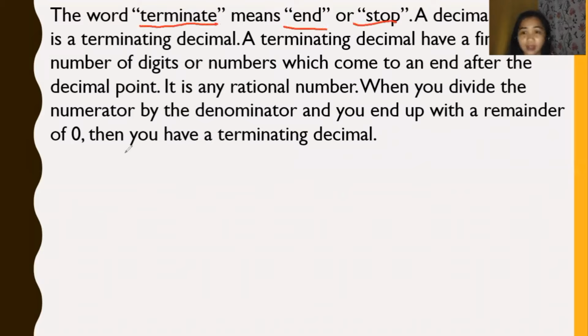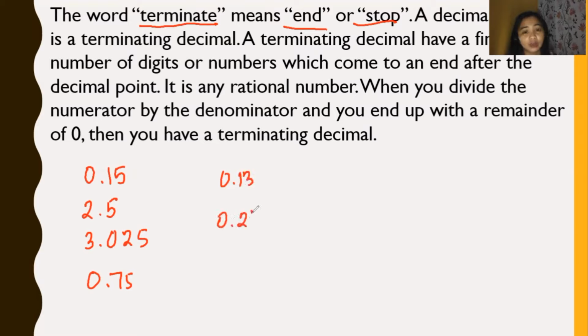Ibig sabihin, lahat ng decimal na nag-e-end or may katapusan, yan ay terminating decimal. Example, 0.15, 2 and 5 tenths, 3 and 25 thousandths, 75 hundredths, 13 hundredths, 2,756 ten thousandths, 0.05 or 5 hundredths.